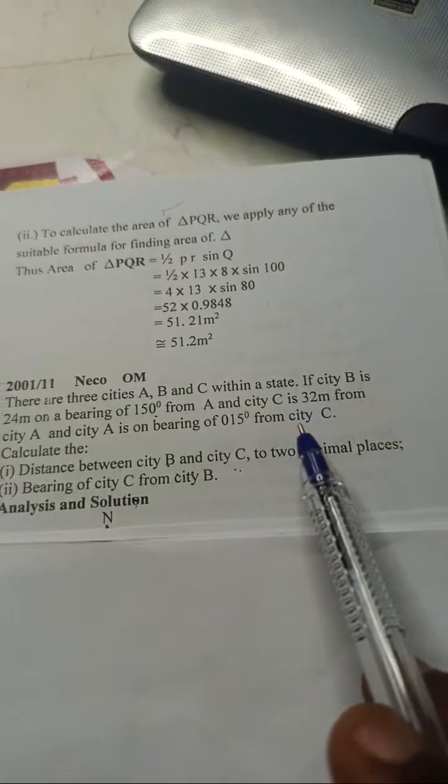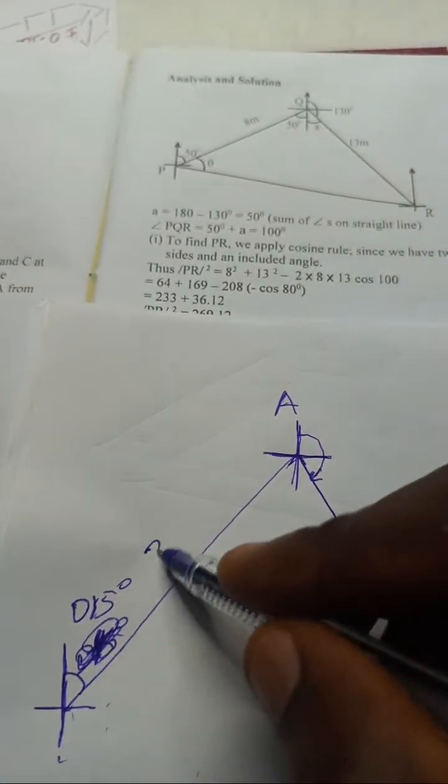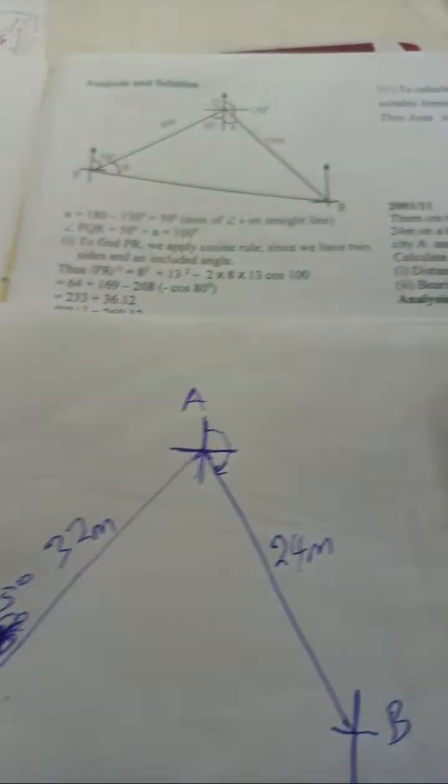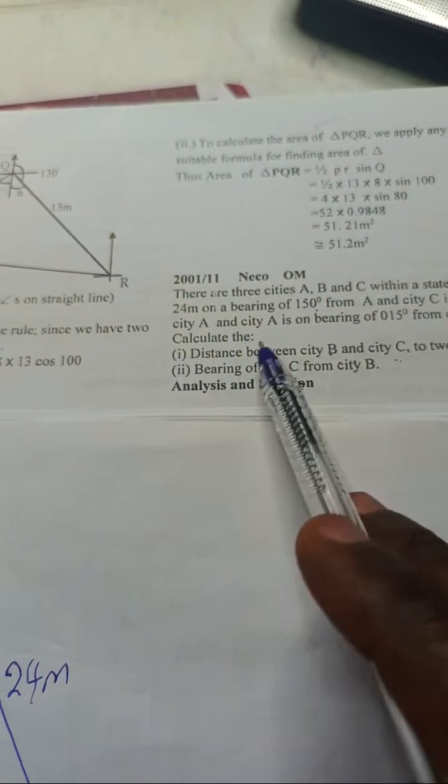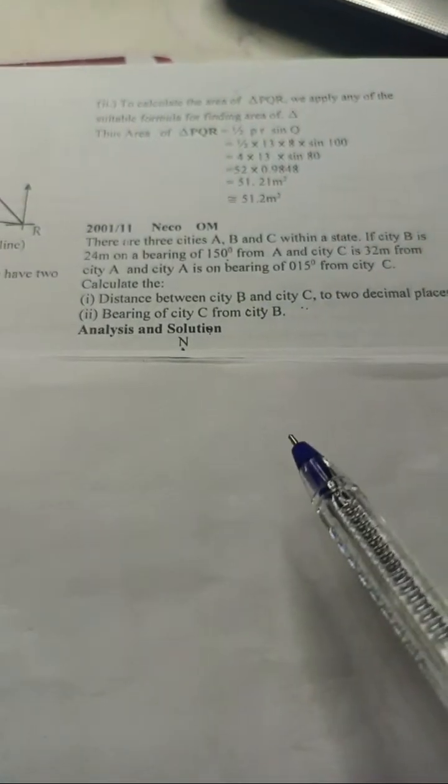Okay. So let's look at the question again. On the bearing of this, but they told us it's 32 meters. So we write it as 32 meters. Now this says calculate the distance between city B, because here now is C. This is C over there.